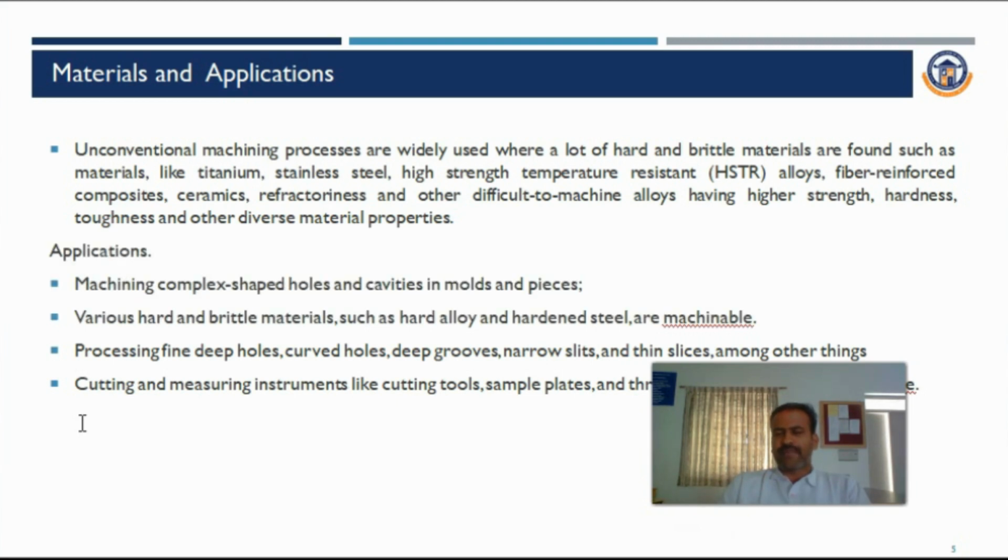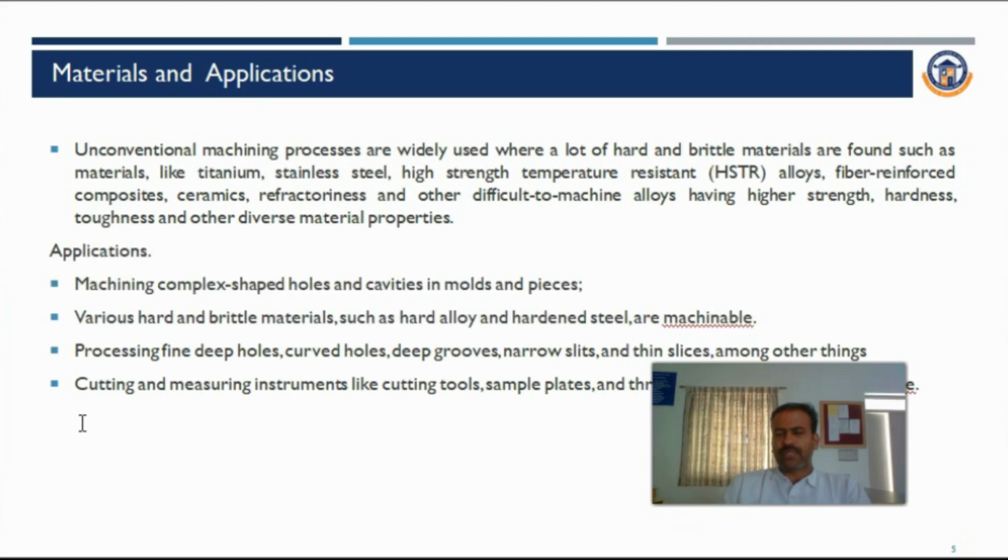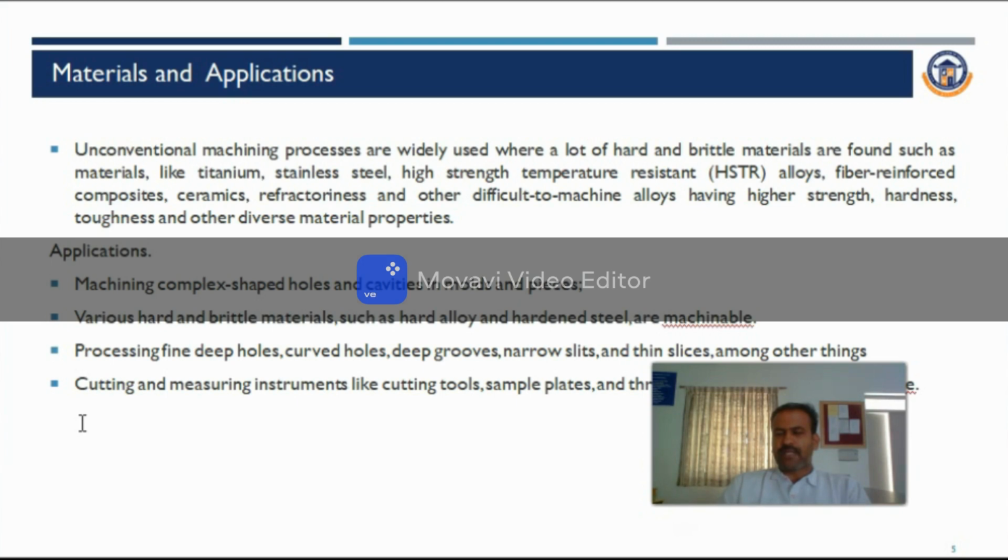Then the applications where we use this non-conventional machining process: machining complex shaped holes and cavities in molds and pieces. Various hard and brittle materials such as hard alloy and hardened steel are machinable. Processing fine deep holes, curved holes, deep grooves, narrow slits and thin slices among other things. Cutting and measuring instruments like cutting tools, sample plates and thread ring gauges are machinable.